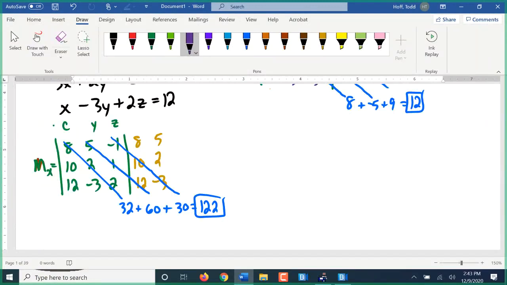Our up diagonals. Remember, we have an up diagonal for each member of the bottom row. So 12 times 2 is 24, times -1 is a -24. Plus, -3 times 1 is -3, times 8 is another -24. Plus, 2 times 10 is 20, times 5 is 100. So 52.